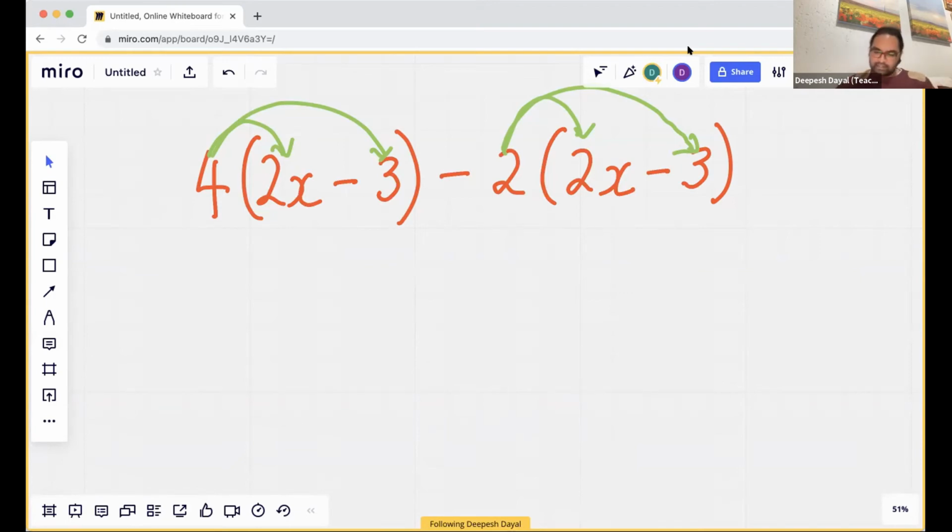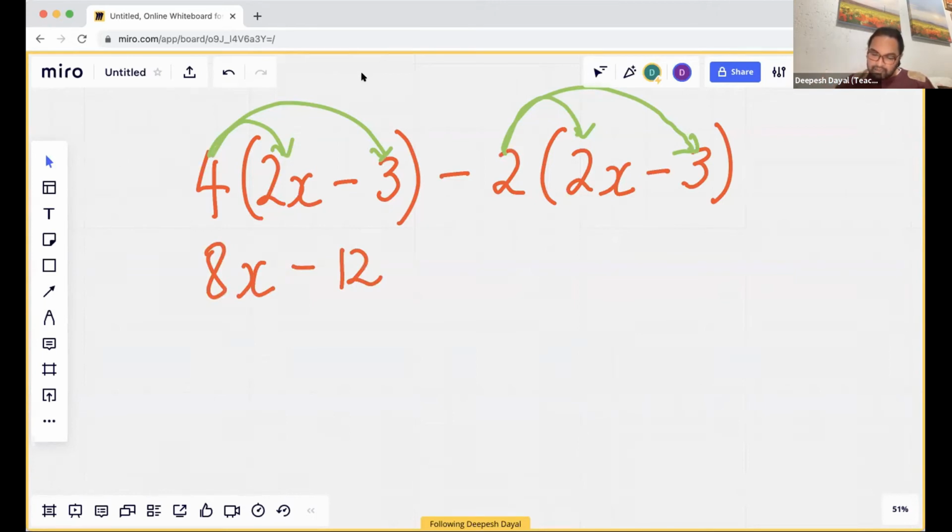Okay, right, let's look. So the first thing we're going to do is we're going to say 4 times 2x, which gives us 8x. 4 times minus 3, which gives me minus 12. Minus 2. Different people do it differently. I think this might be good if you do it this way.